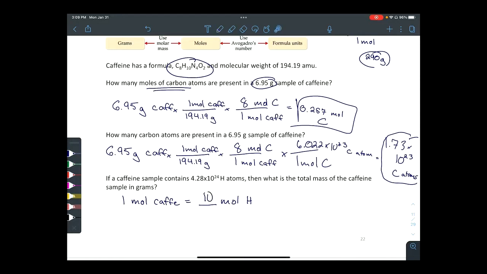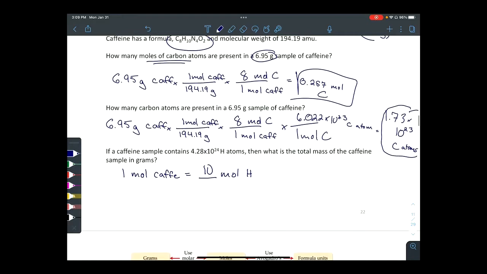So this is how we can go from hydrogen atoms that are given to moles of caffeine. The reason we need to do this is because it's asking what is the total mass of caffeine in the sample. It's not asking how much this hydrogen weighs. It's asking for caffeine. So we need to figure out that relationship between the actual atoms and the molecule itself.